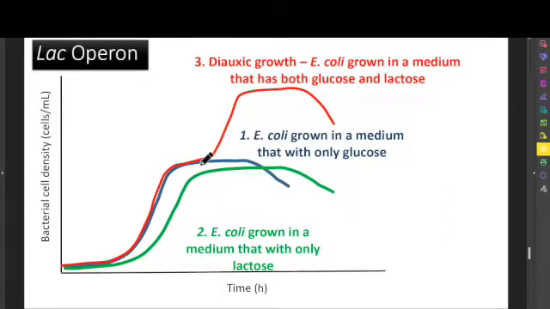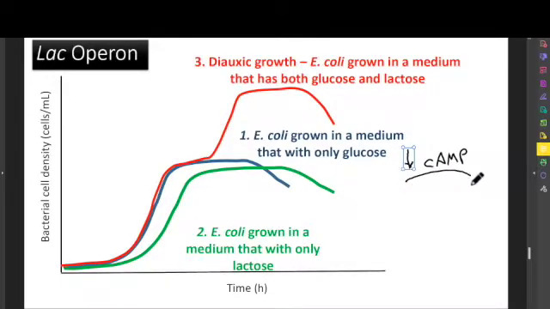So that explains why you get this diauxic growth. At the beginning, when glucose and lactose are present, high glucose means that there is low what? It's going to inhibit an enzyme. It's going to inhibit adenylyl cyclase. So there will be low cyclic AMP.